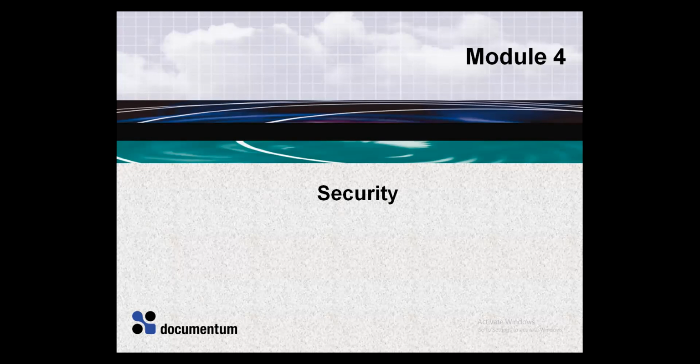The same things are available with other content management systems and enterprise management systems, but the missing thing is security, or if they have security, it is not up to the level that Documentum provides. Documentum has a robust level. Exactly.